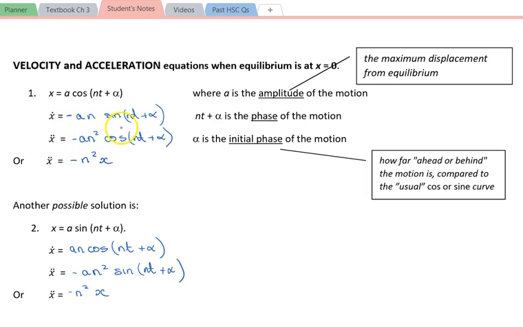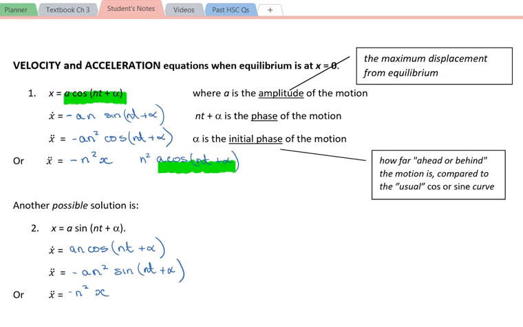Now, I'll just show you that here we end up with an n squared. If I write that to look more like this, with the n squared at the front, and then a cos(nt plus alpha), do you recognise that a cos(nt plus alpha) is our displacement?